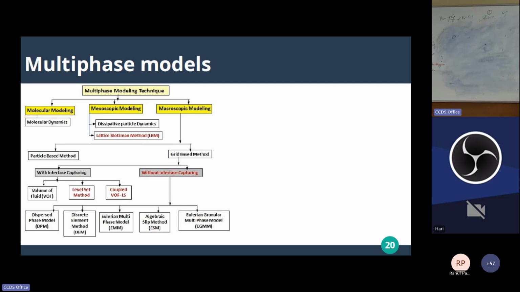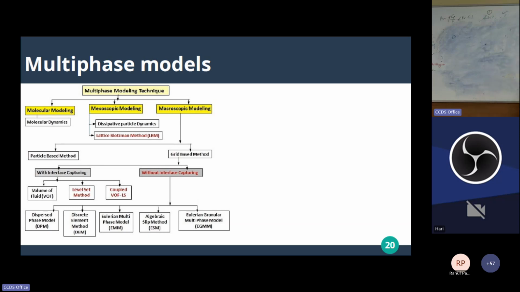They always allow shocks and discontinuities. Usually people go with either molecular modeling, mesoscopic modeling, or macroscopic modeling. If you go with molecular modeling, each molecular-size entity needs to be handled, and no engineering application is possible purely by molecular modeling.